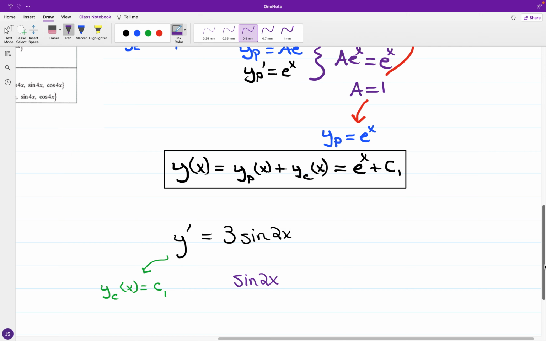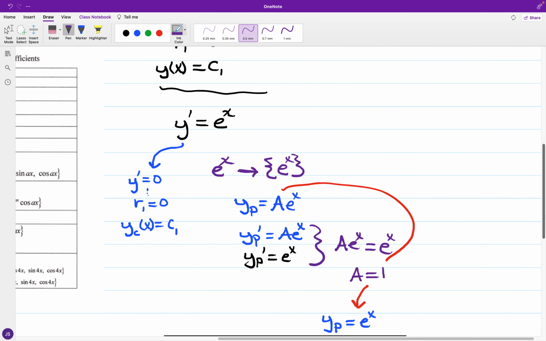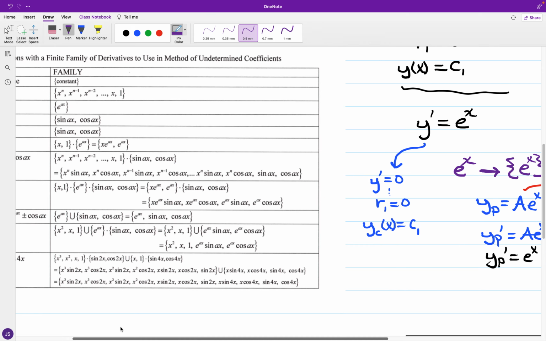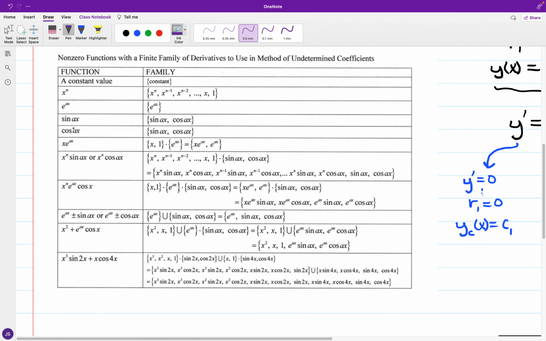And if I put this in the context of a reduced family of derivatives, now for the sine of 2x, that is a form of the sine of ax. And for the family of derivatives, for the sine of ax, the derivative of sine goes to cosine. The derivative of cosine will go to negative sine, and that of negative sine will go to negative cosine.